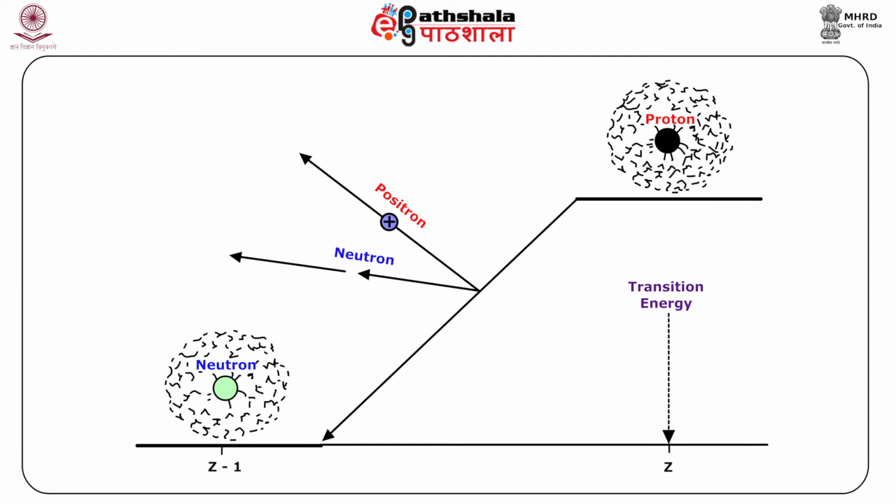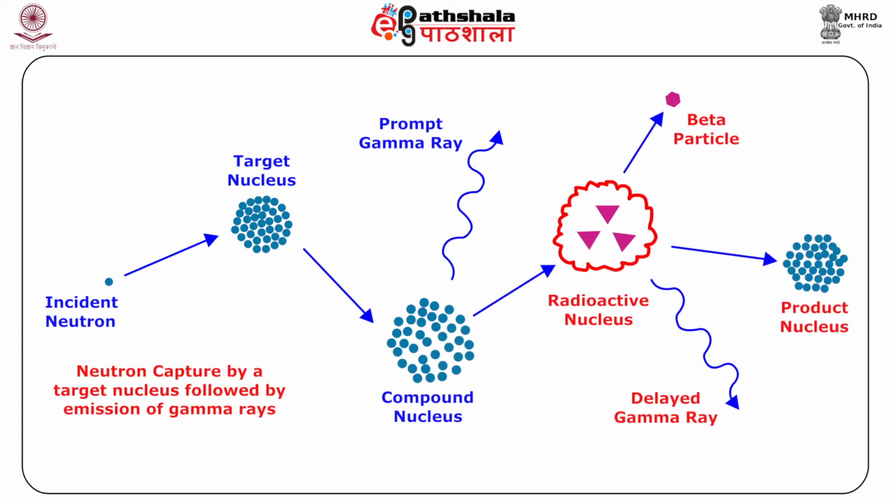NAA is significantly different from other spectroscopic analytical techniques as it is not based on electronic transitions but on nuclear transitions. To perform the neutron activation analysis, the sample is put into an appropriate irradiation facility and bombarded with neutrons.